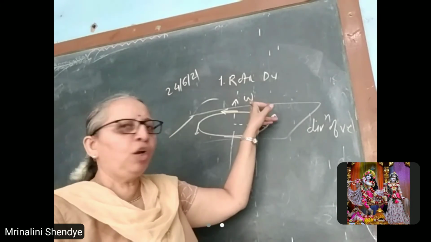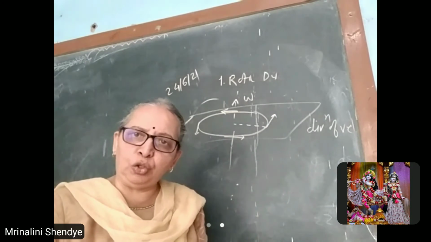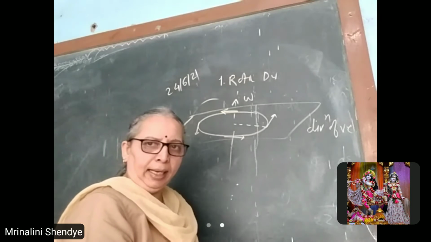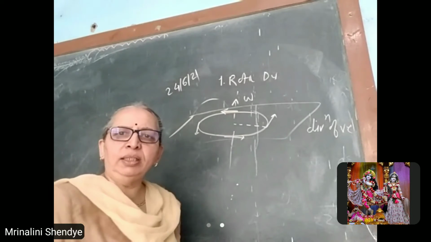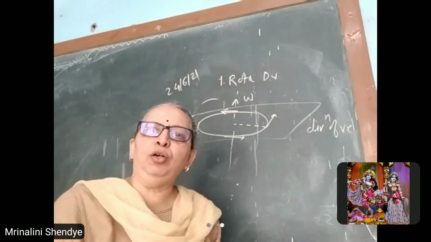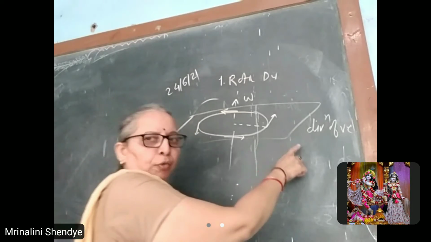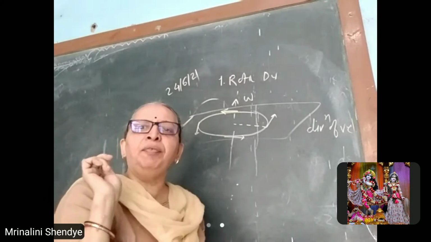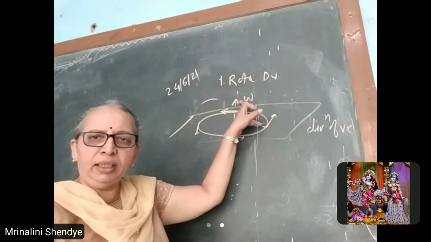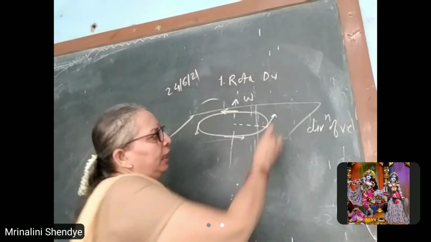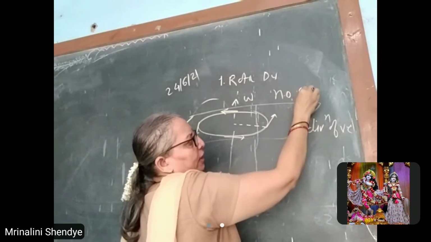If angular velocity in magnitude also remains constant, then with direction and magnitude being constant, you can say it is uniform. But every time the direction of linear velocity changes. If angular velocity is constant, then there is no angular acceleration.